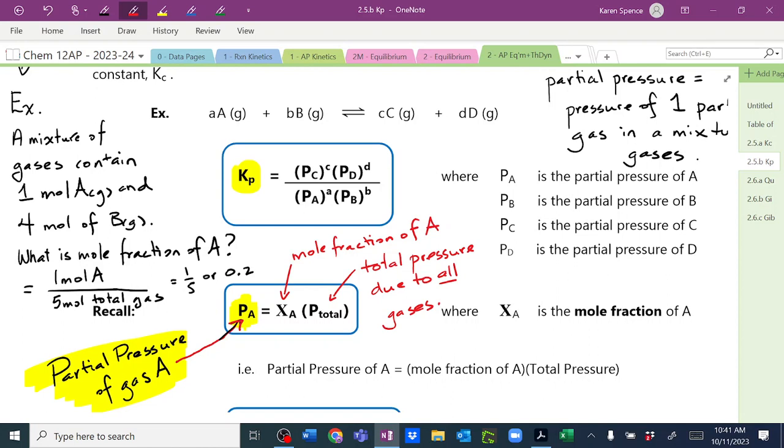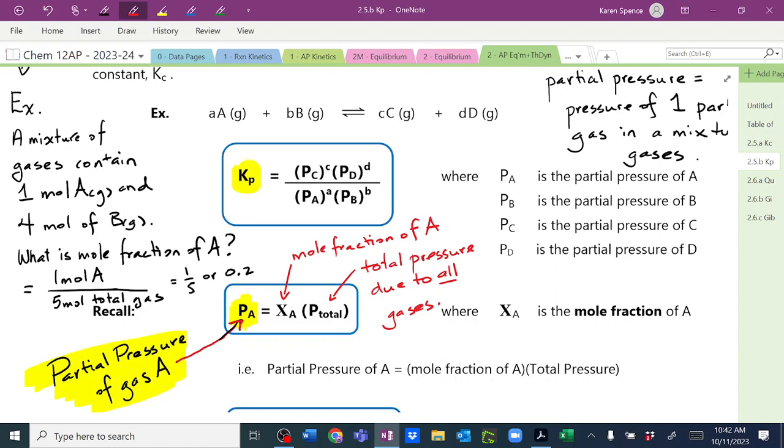So you don't need fancy formulas. You can just say, 1/5 of the gas is A, therefore 1/5 of the pressure is caused by A. So if I had a pressure of 100 atmospheres total, how much would be due to gas A? 1/5 of that.